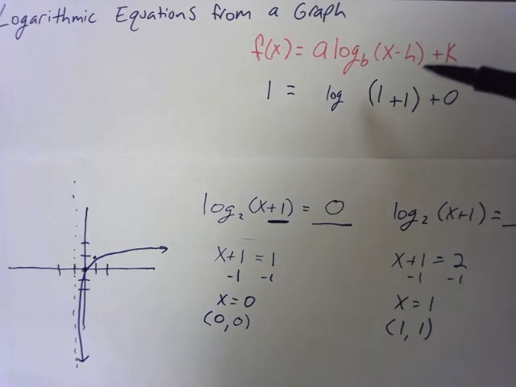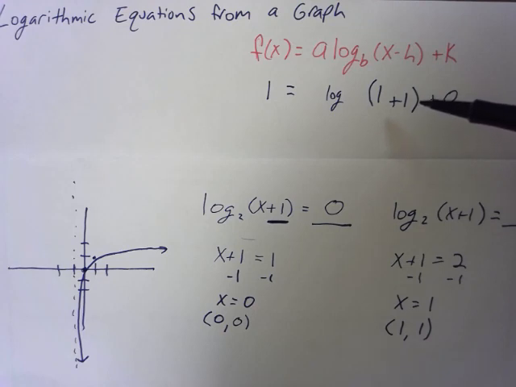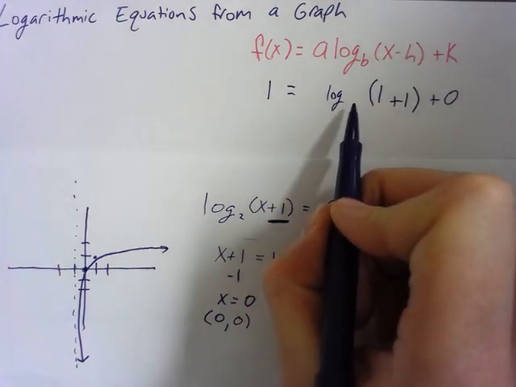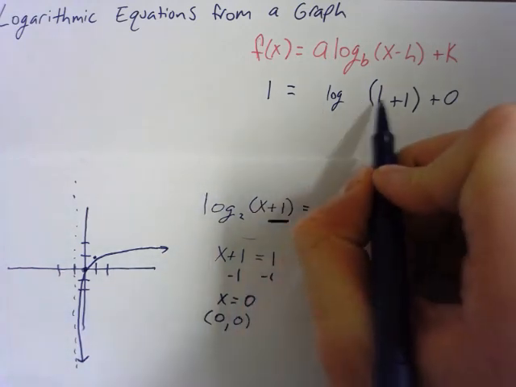Okay, and so we're going to kind of be easy on ourselves here and say, well, 1 plus 1 equals 2. And if we remember what a log is, a log solves for an exponent. So one easy way to solve for our exponent is to make the base of our log equal to our parentheses. So 1 plus 1 is 2.